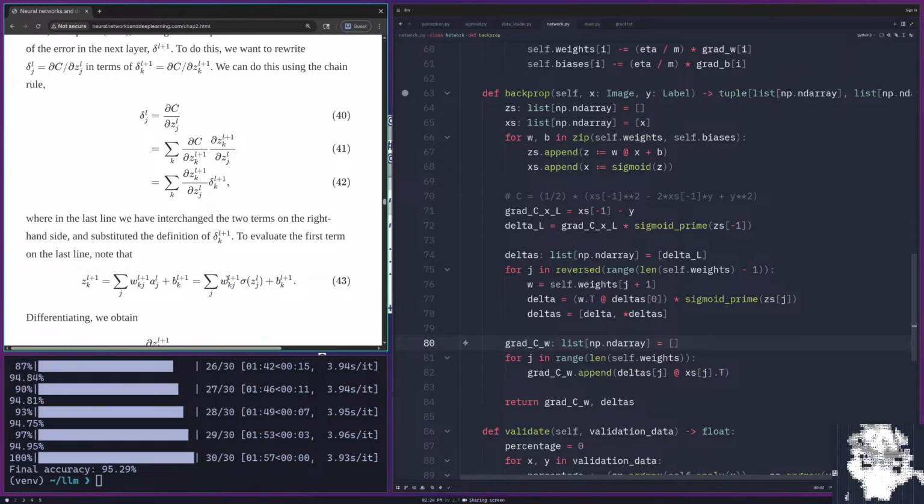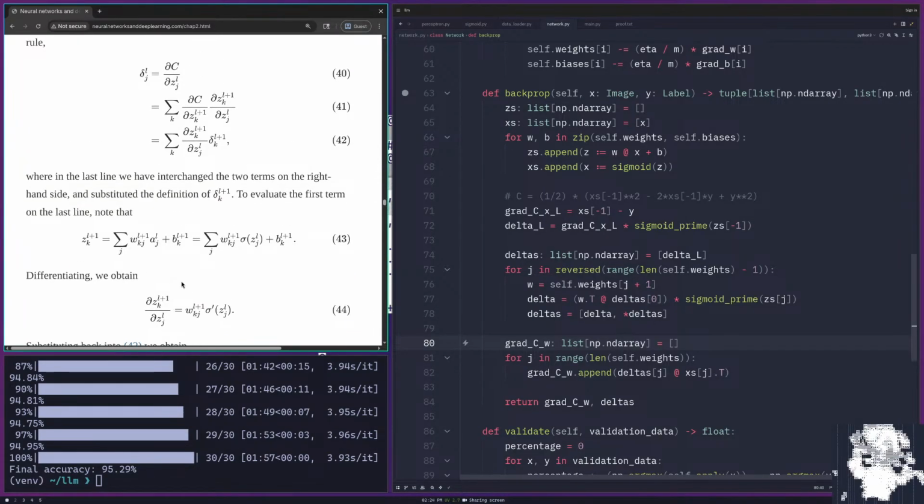So it's going to be W times sigmoid prime of z. Yeah, okay, differentiating, we are left with W times sigmoid prime of z.